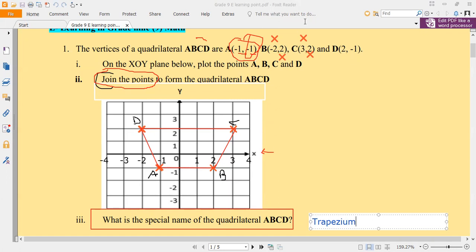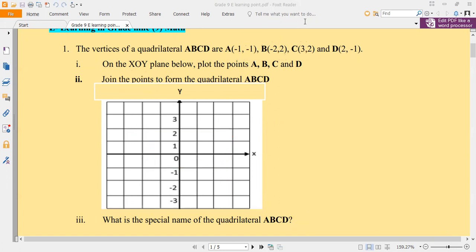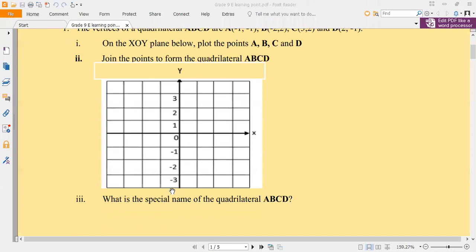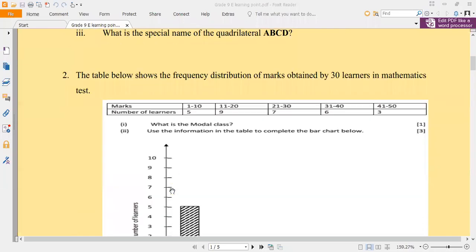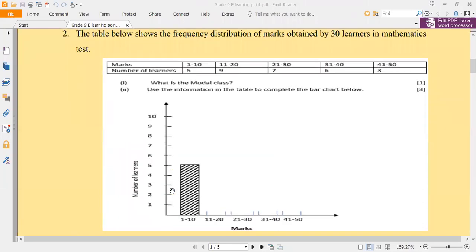Now, if we can go to the second question, we will have a second question. The second question is this one here. Good, that is our second question.